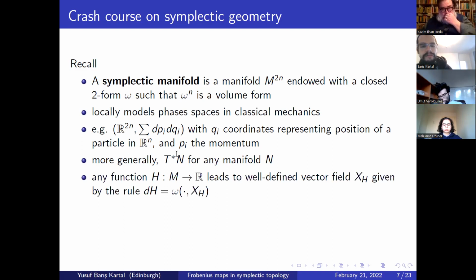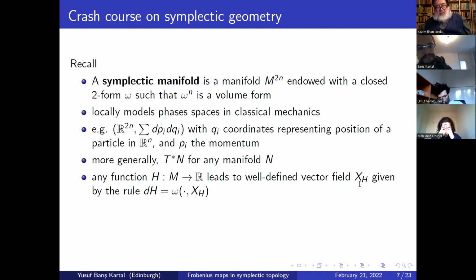And if you have a function on M, usually called a Hamiltonian, it leads to a well-defined vector field denoted by X_H. It's given by the rule that I wrote here: dH equals omega with X_H plugged in. Conventions sometimes change, but omega gives an identification of the tangent bundle and the cotangent bundle, and under this identification, the differential of H corresponds to the so-called Hamiltonian vector field.